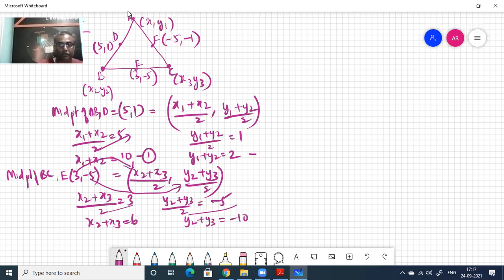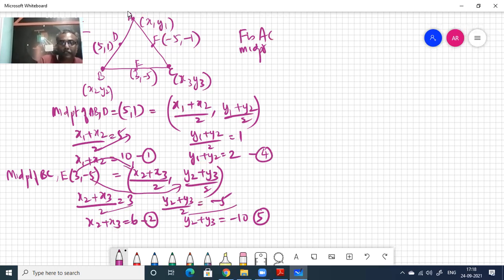This is another equation. Let us call these equations 1, 2, 4 and 5.